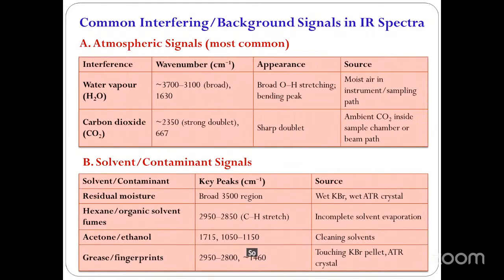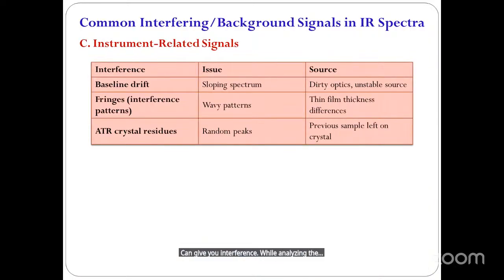As I told you, moisture can interfere. And whenever you are cleaning the position where you kept the previous sample, the solvent used for cleaning, such as acetone or ethanol, may also interfere if it remains on that surface. Their signals may appear in your IR spectrum. So solvents and contaminants can give you interference while analyzing the IR spectrum.